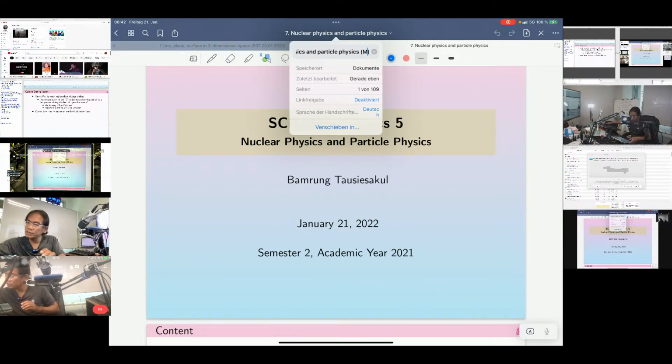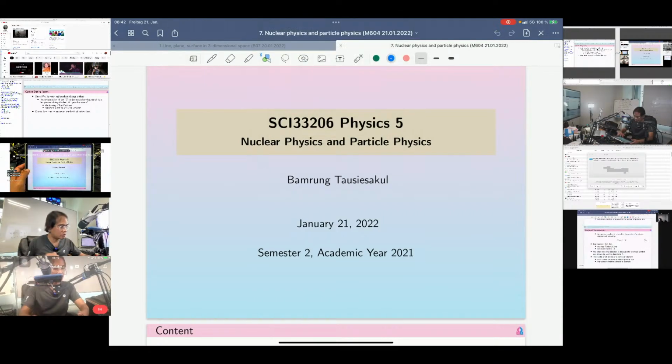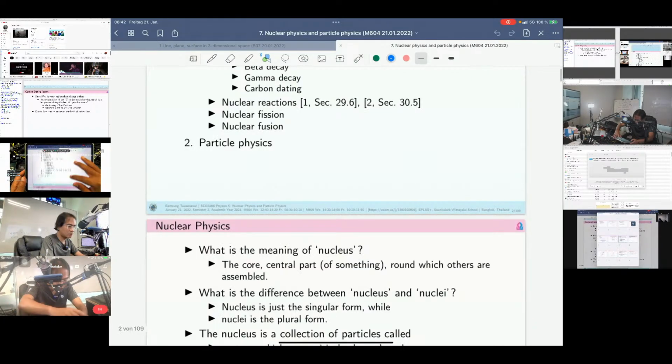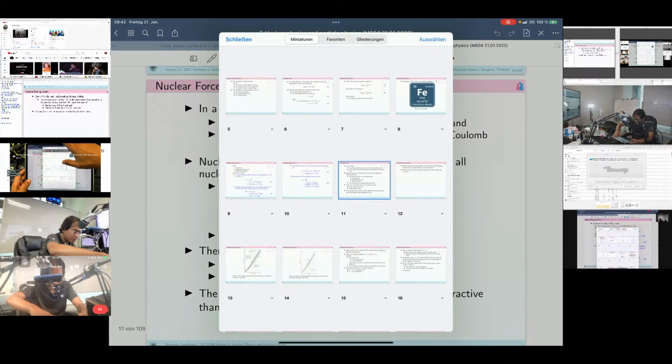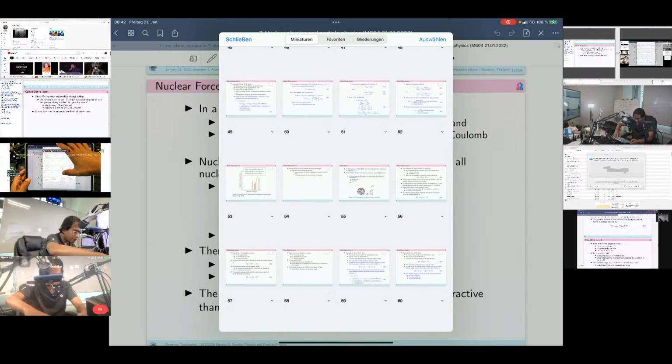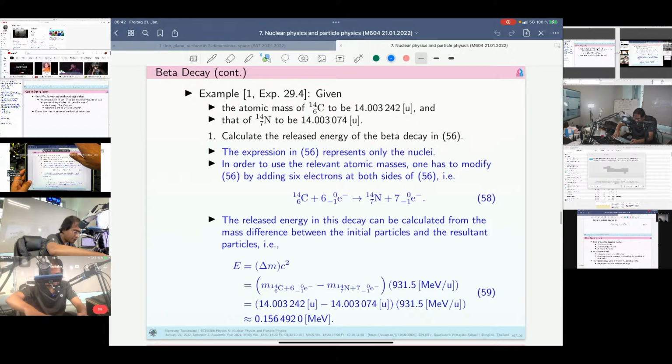Okay. Yes, for you in M604, right? We arrive somehow at the calculation of the beta, right? The beta decay, and yes, we reach the.